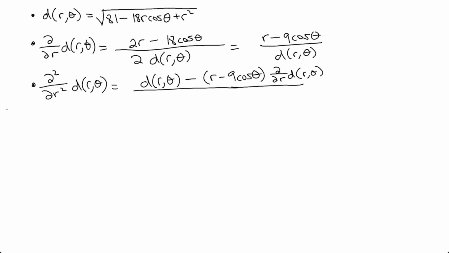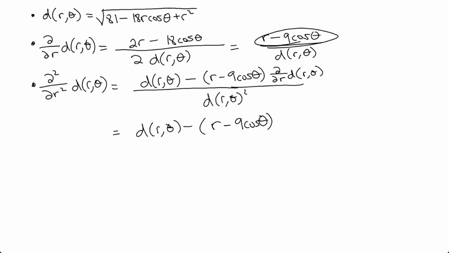It ends up being defined in terms of the first derivative and the function itself. I'm going to substitute in just a moment the value we found earlier for this first derivative. It contains a factor. In fact, the entire numerator is r minus 9 cosine theta. So I'll write this as a squared quantity.